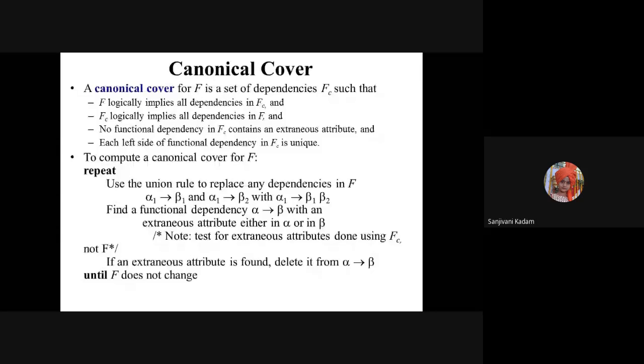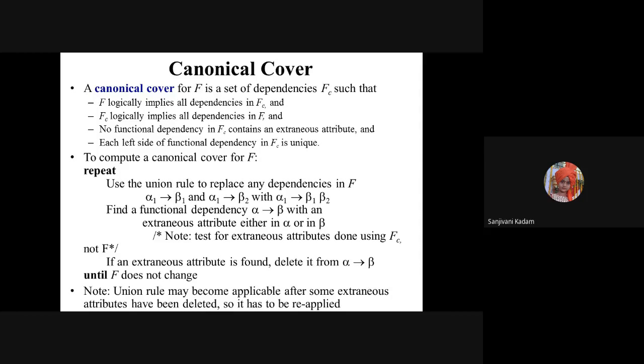So we apply the union rule, find the extraneous attribute, and if it is found, remove it from alpha or beta, wherever applicable. We can apply the union whenever an extraneous attribute is removed.